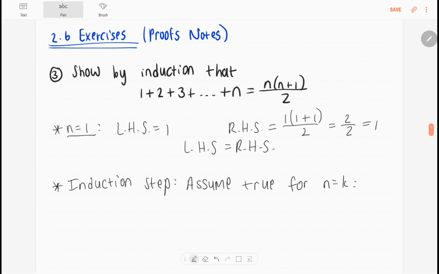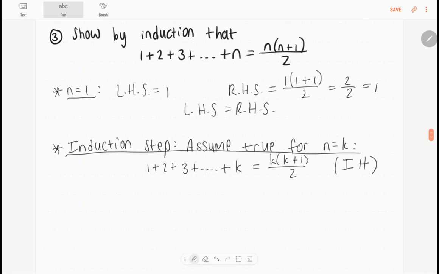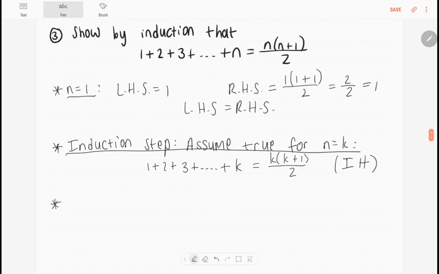So in other words, I assume that when I have 1 plus 2 plus 3 plus all the way up to plus k, that I have k multiplied by (k + 1) over 2. And I call that my induction hypothesis. Now, for the final step, I now want to prove that it's true when n equals k + 1.